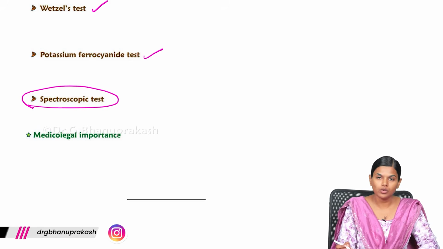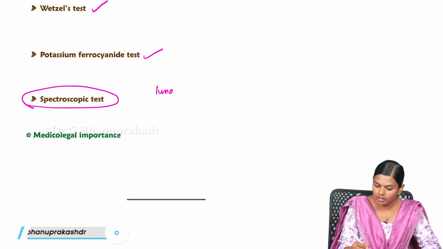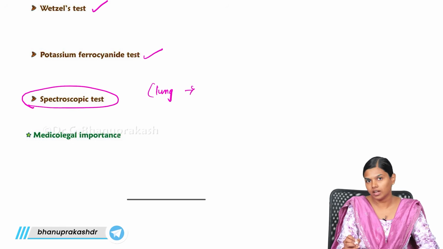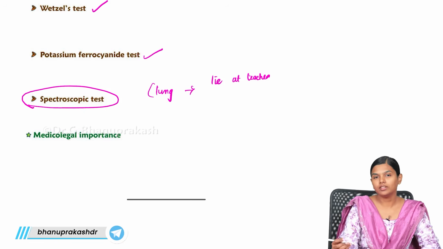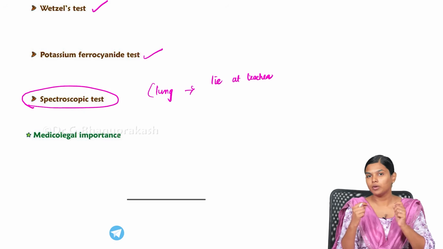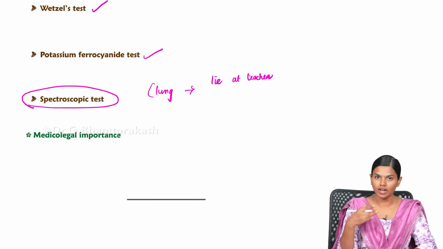Whenever you send an asphyxiant poison for analysis, you have to preserve the lung. How you preserve the lung is you tie the trachea, you will not just keep it open and send; you tie the trachea, then cut it and send it for analysis.